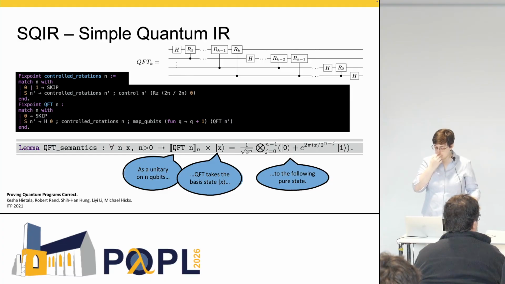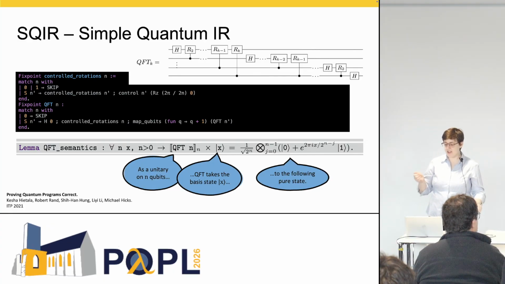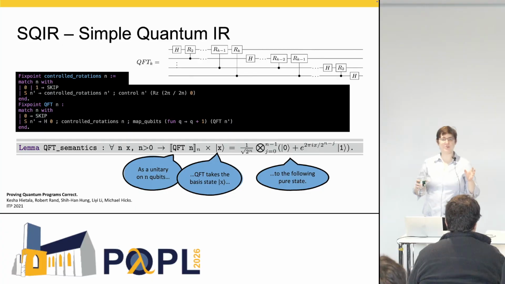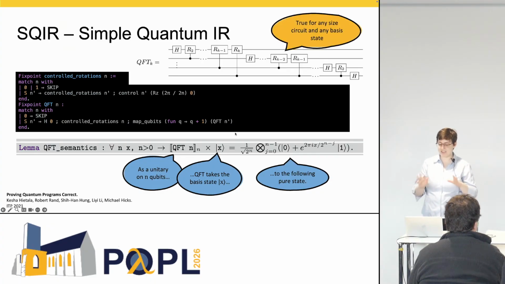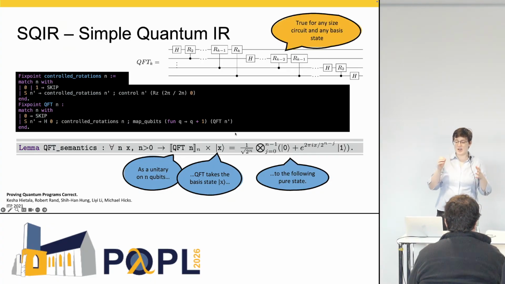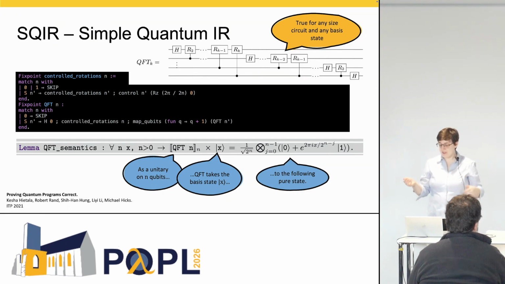So the specification is pretty readable. And why I call out this example is that this property holds for any number of qubits at any basis state, because that's the way that we prove things in interactive theorem provers like Coq.